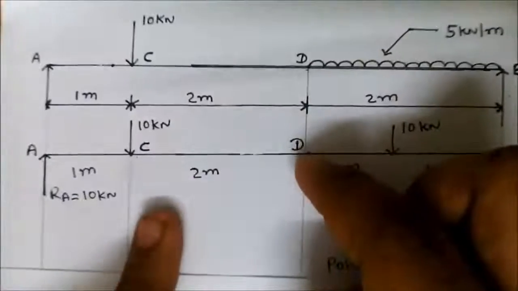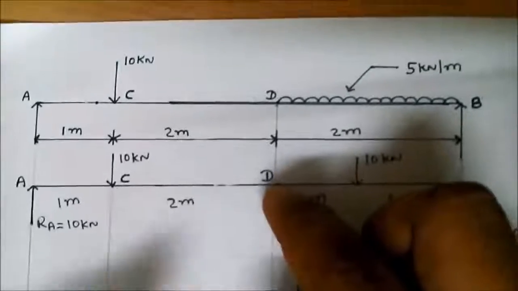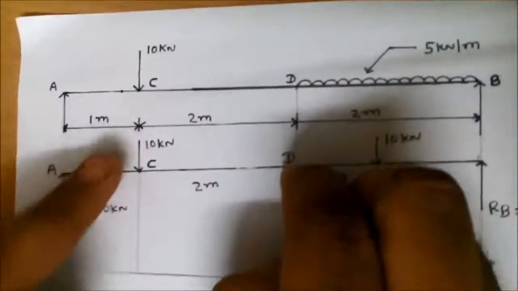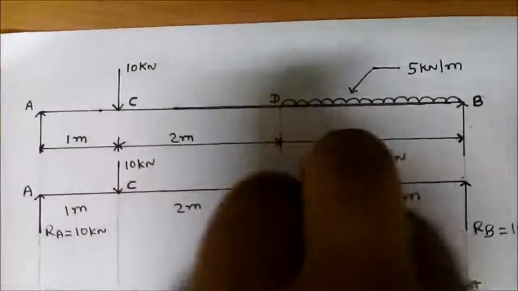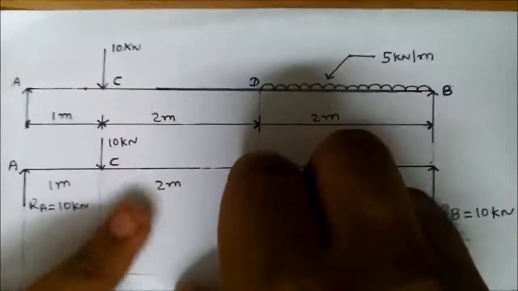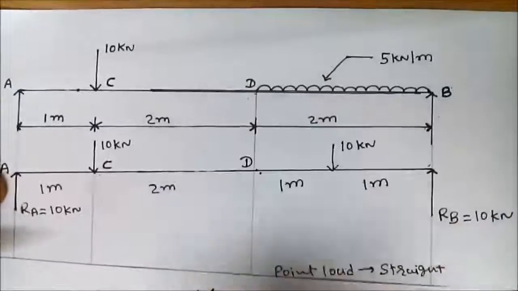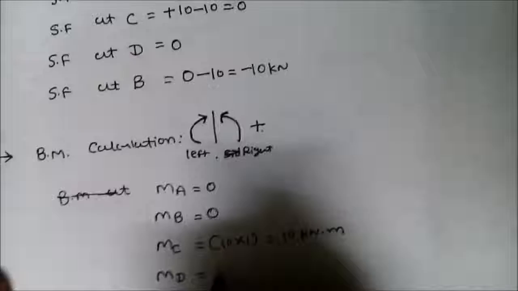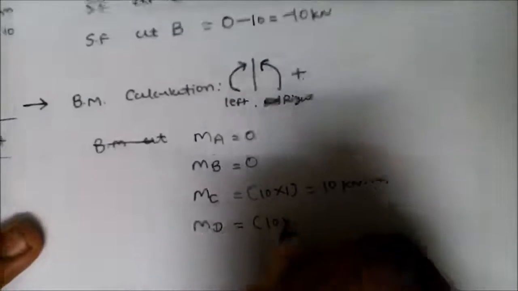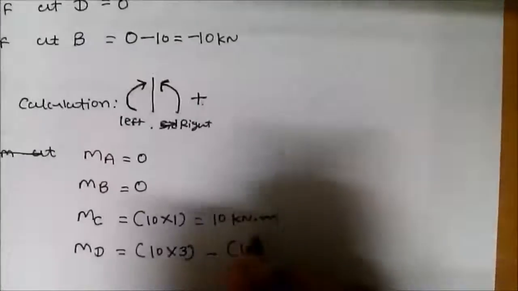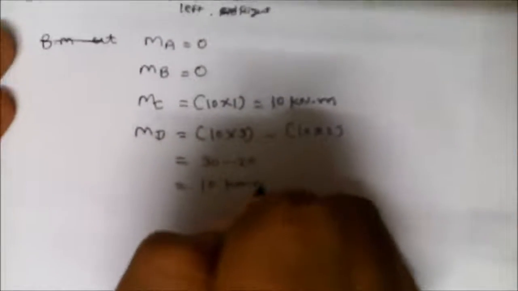So 10 multiply perpendicular distance 2, so 10 into 2 goes in the anti-clockwise direction, so minus 20. So bending moment at D is equal to 10 multiply 3 minus 10 multiply 2. So 30 minus 20 is equal to 10 kilonewton meter.